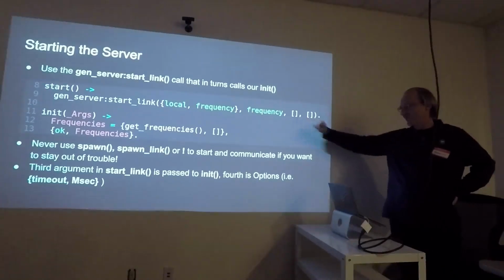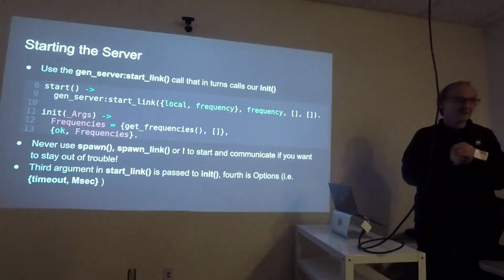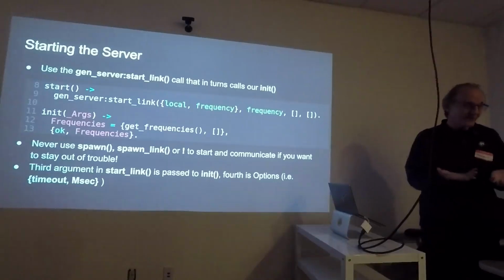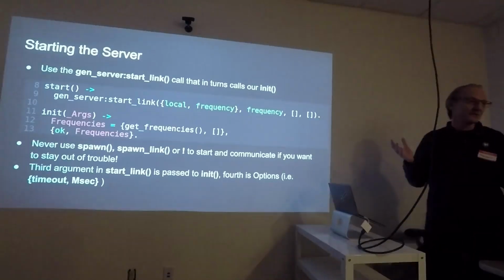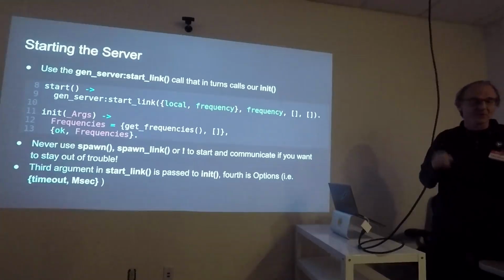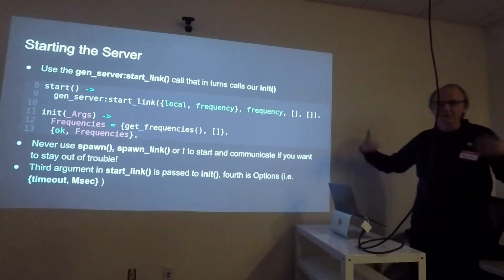The third one is the arguments passed into init. So that might be my state restoration if needed. And then there's the fifth one, which is options, and I can set various options for the gen server behavior, like different timeouts and stuff like that.